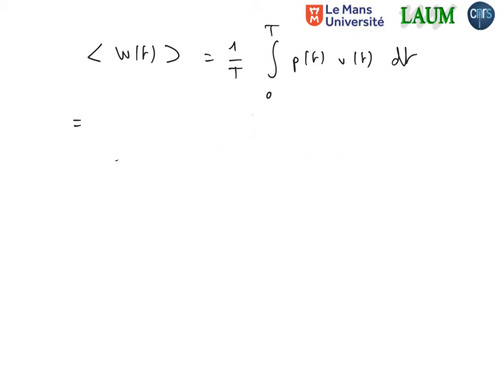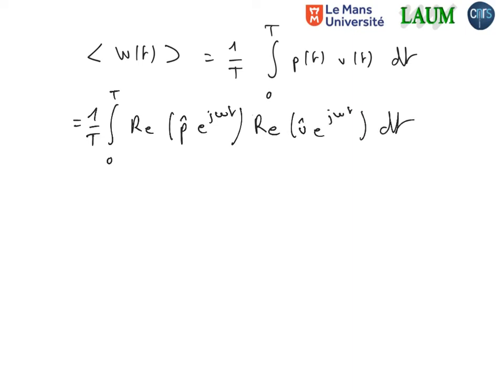Instead, we replace this by the complex representation. We have 1 over T times the integral between 0 and T of the real part of p hat e to the j omega t multiplied by the real part of v hat e to the j omega t, dt.